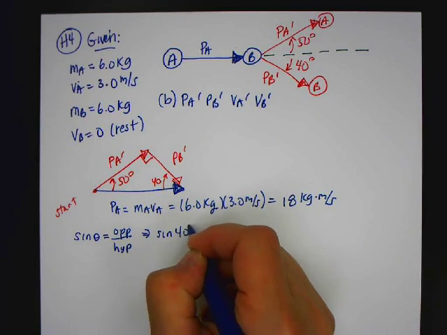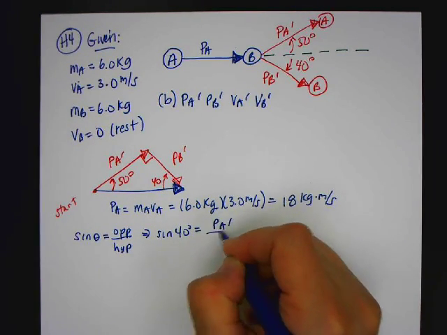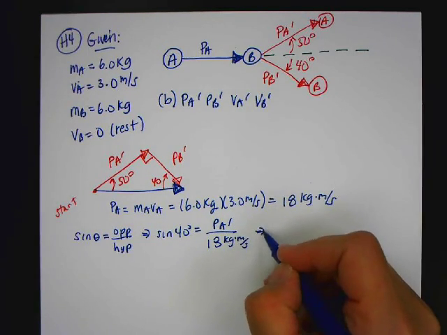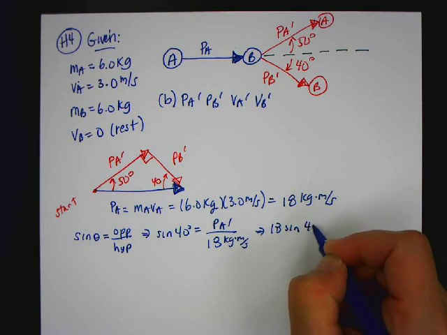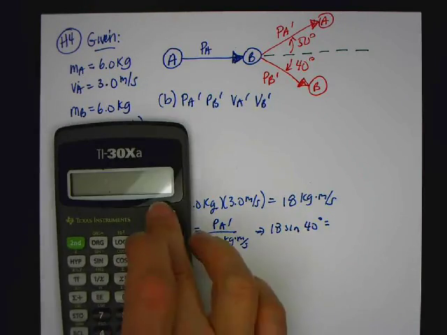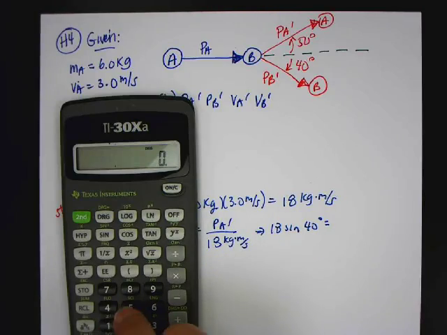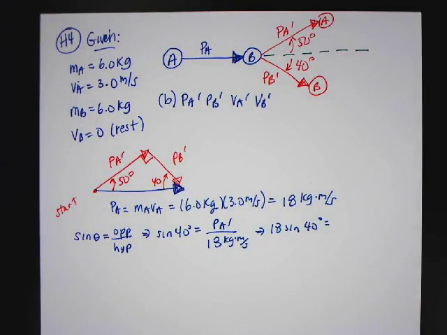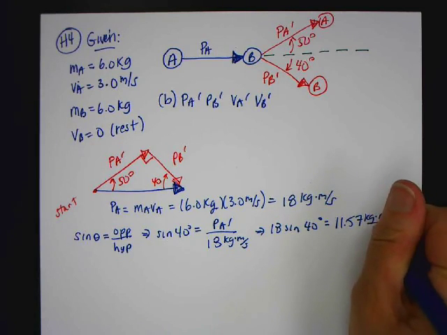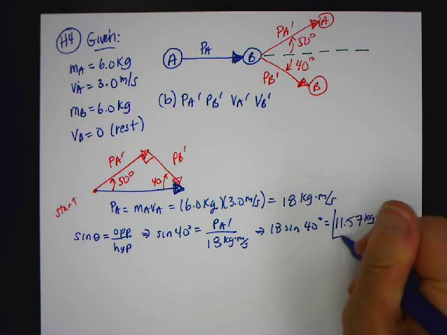So sine of 40 degrees is equal to PA prime over 18 kilogram meters per second. So 18 sine of 40 degrees, when I do that on my calculator, sine times 18 equals 11.57. So 11.57 kilogram meters per second is equal to PA prime.